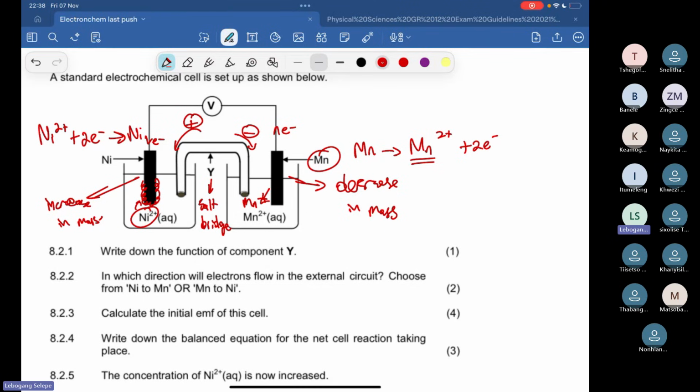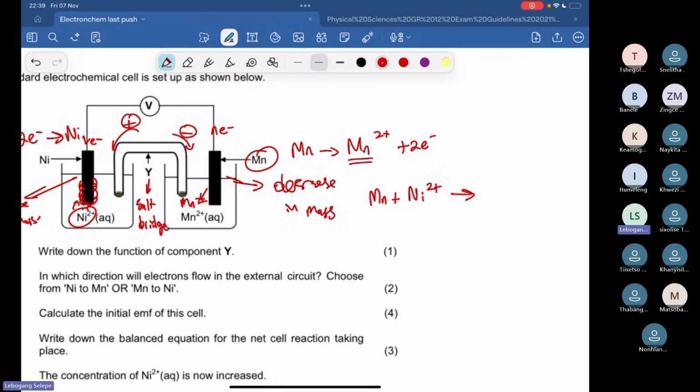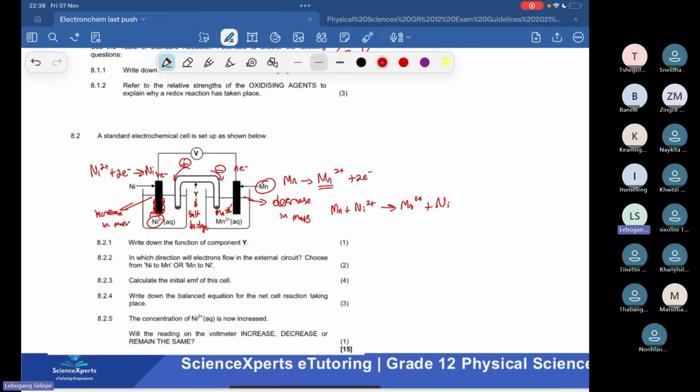So the net cell notation, already the electrons are balanced, so the net cell notation would be Mn plus Ni2+ giving us Mn2+ plus Ni. This is the net cell, right?